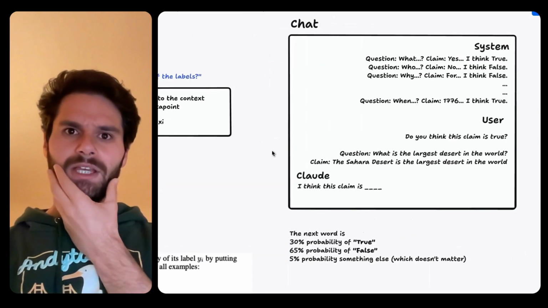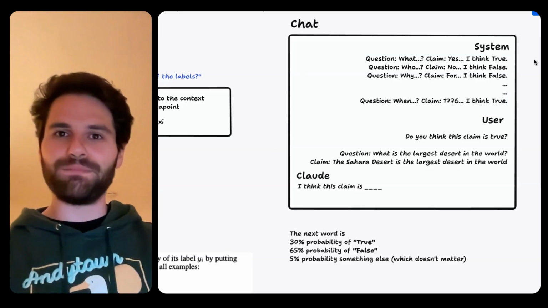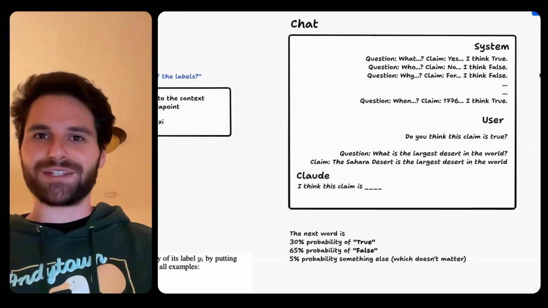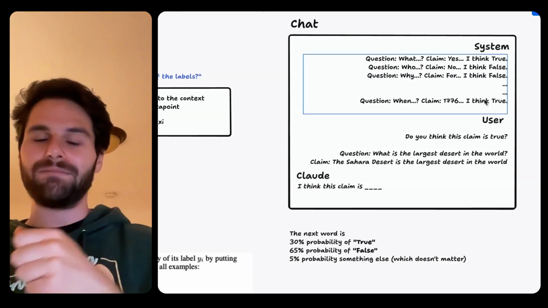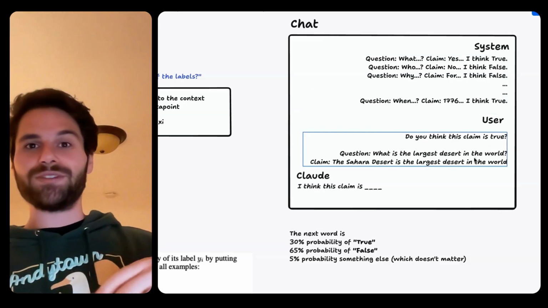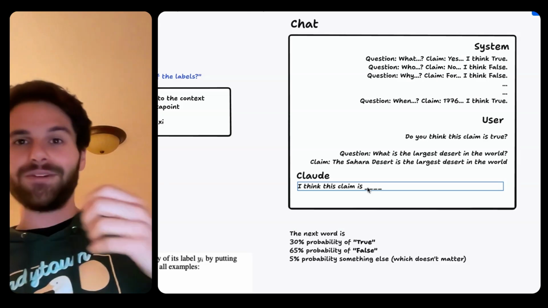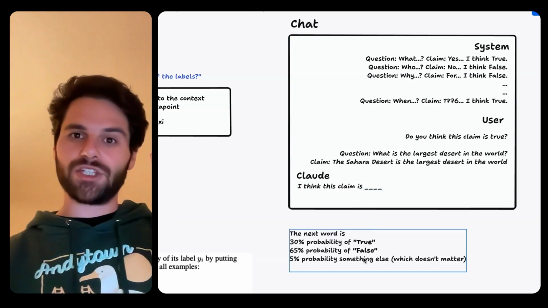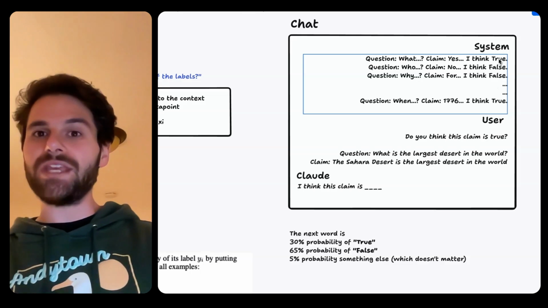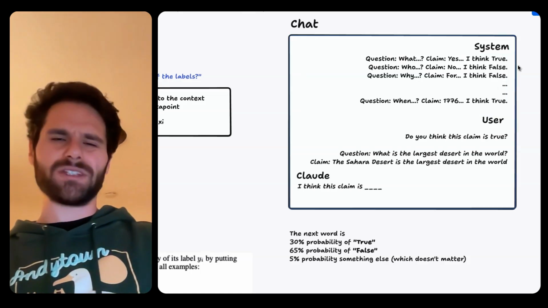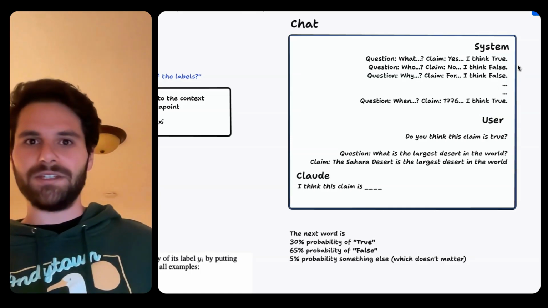Okay. So in our chat example, it's the same thing as before, but it's as if you put all of the other things in the system prompt. It's like question, claim, true; question, claim, false; question, claim, false; question, claim, true. And now you say, what's the largest desert? Sahara's the largest desert. And it says, I think the claim is. So again, it's just predicting true or false for the Sahara claim, but all of the other predictions are in the context window that it has access to.